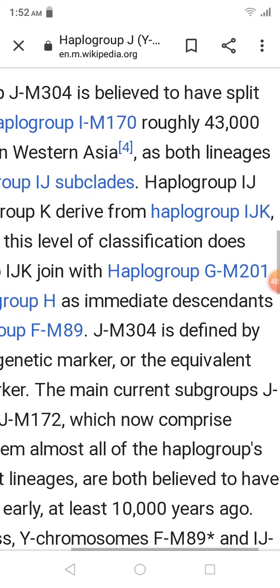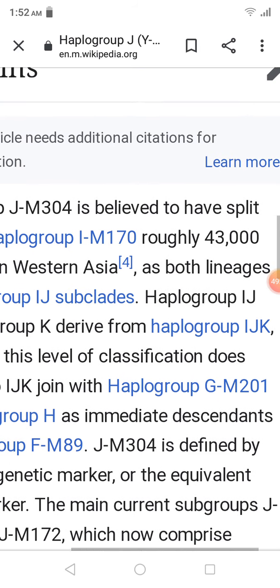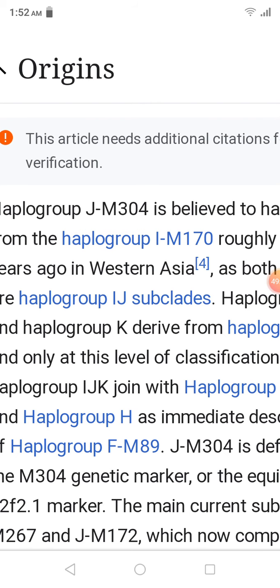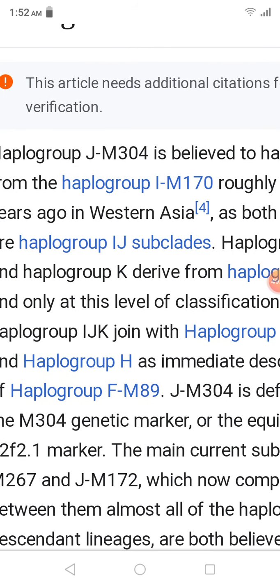So Albert Einstein is a Shemitic Edomite with E1B1B DNA in him. So now we have an understanding, I hope, of the J group.